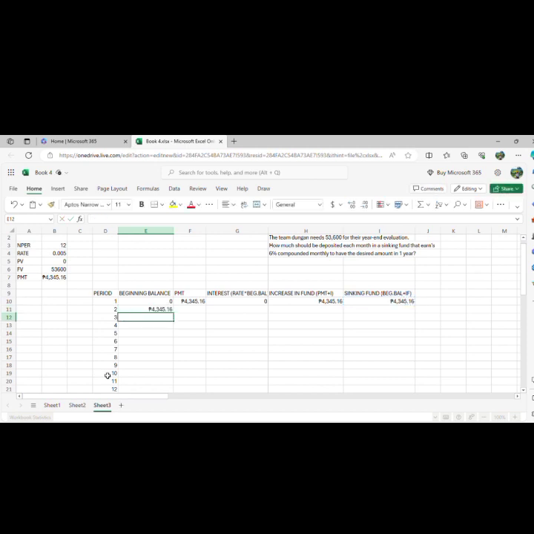So for the PMT, it is the same. So the same PMT, and for shortcut purposes, write a dollar sign before and after the letter.